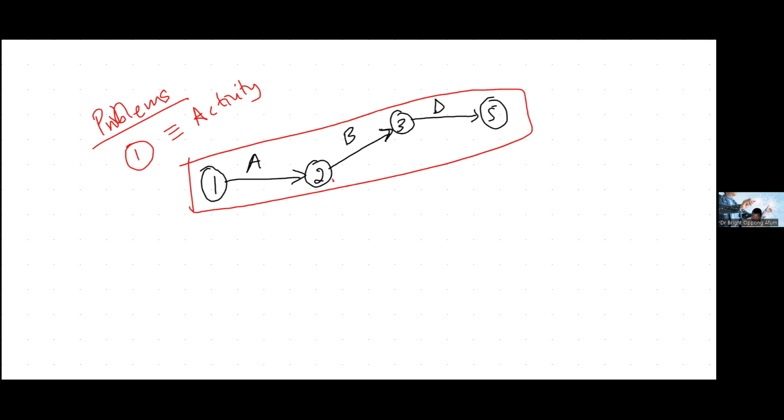So let's use the node as an activity. We have A followed by B and C. Then we have B followed by D. So you see how easy this goes.